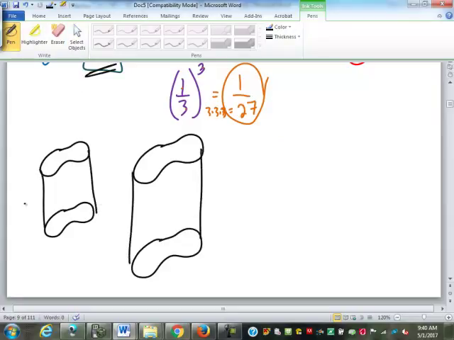And let's say this one goes from being 10 feet tall to this one being 15 feet tall. The volume of this first one, let's say that it is 940 cubic feet. Let's find the volume of this one.